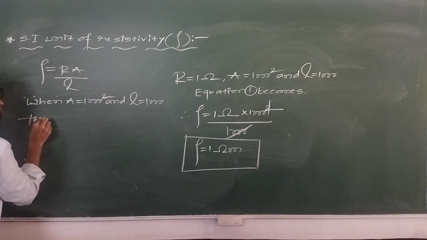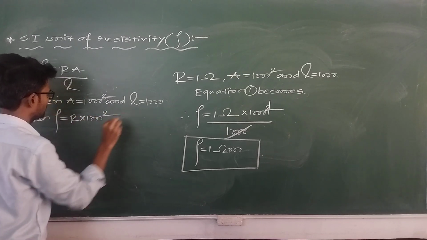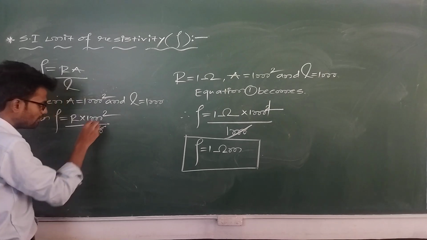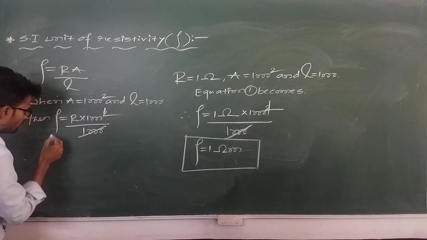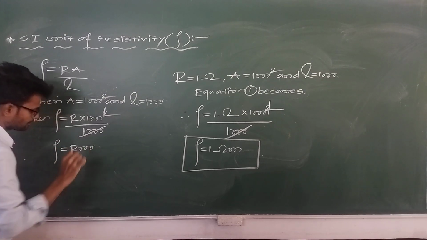Then rho equal to R into A, which is 1 meter square, divided by length, which is 1 meter. This 1 meter and 1 meter square get cancelled. So therefore, rho is equal to R into meter.